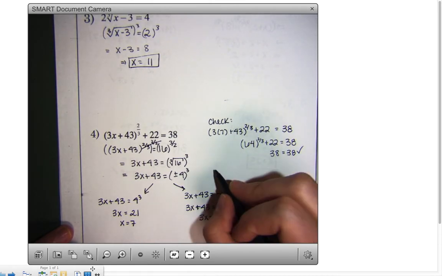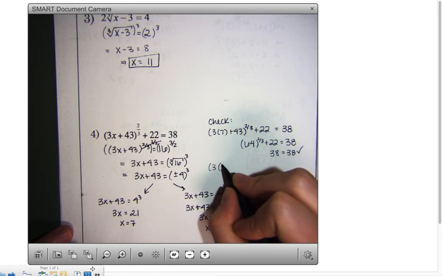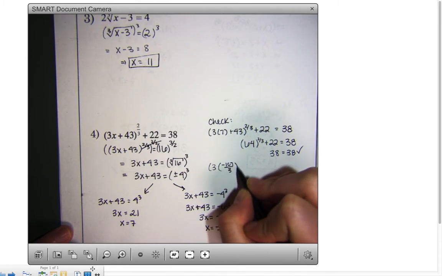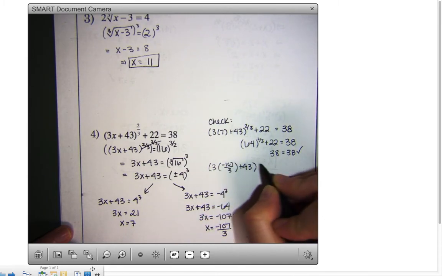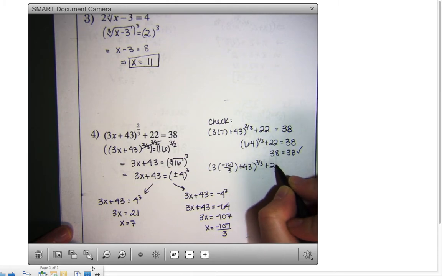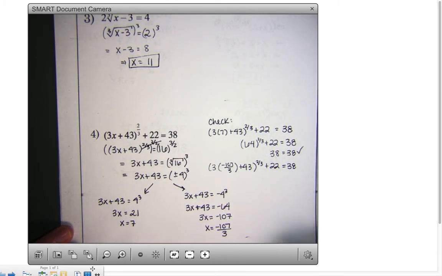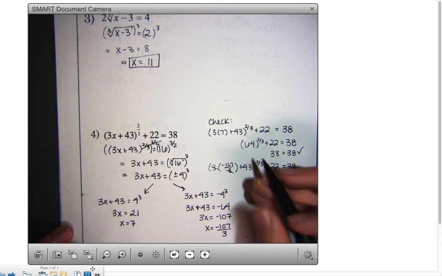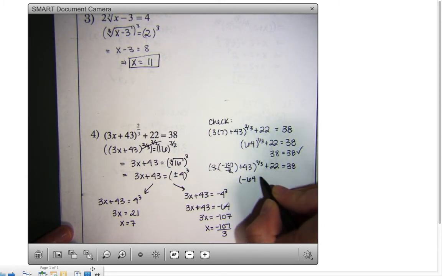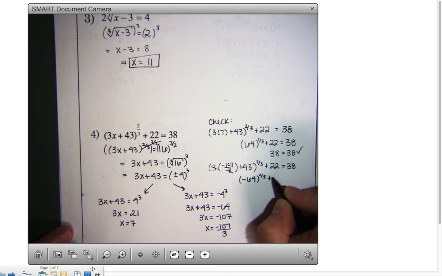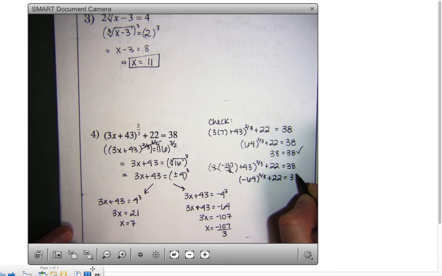So let's check this one. (3 times negative 107 over 3 + 43) to the 2/3 + 22. Does that really equal 38? Here, these 3's are just going to cancel, so I've just got negative 107 + 43. That's negative 64 to the 2/3 + 22 equals 38.